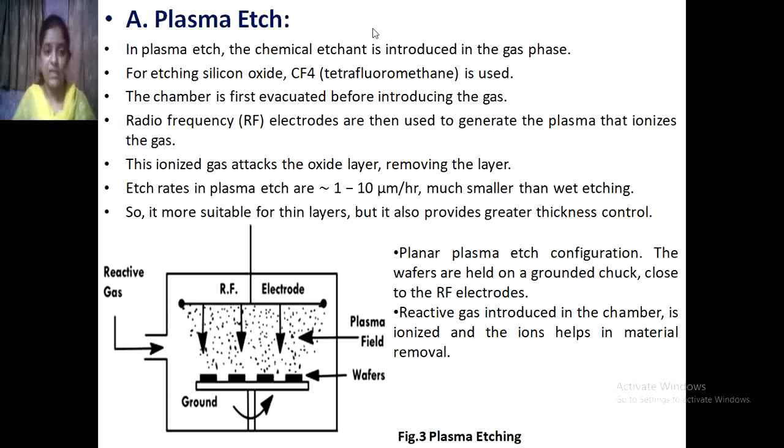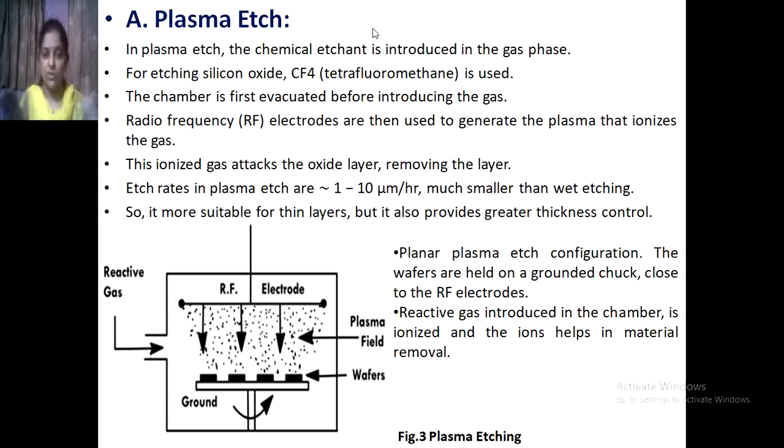For etching silicon oxide, CF4, tetrafluoromethane, is used. The chamber is first evacuated before introducing the gas.